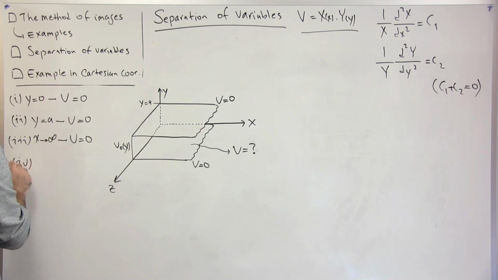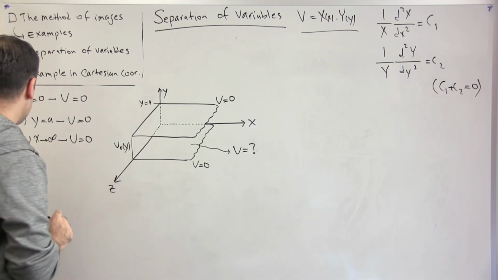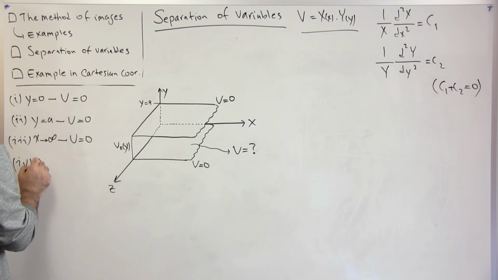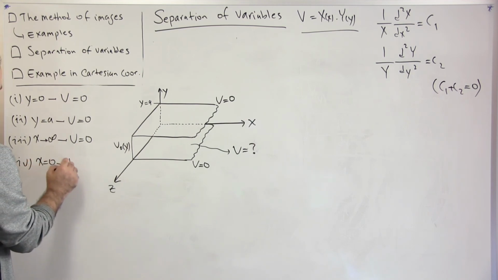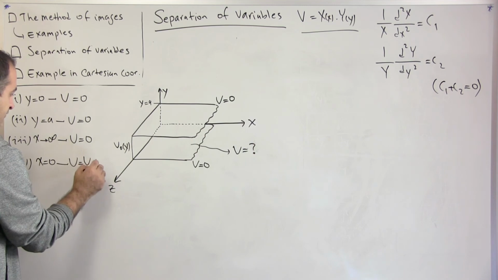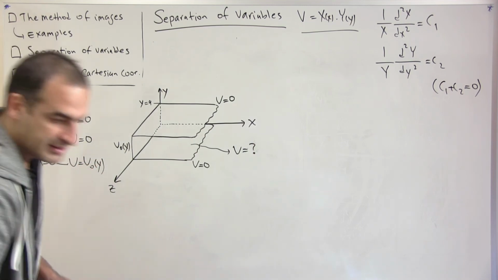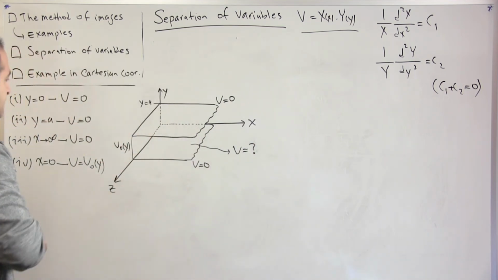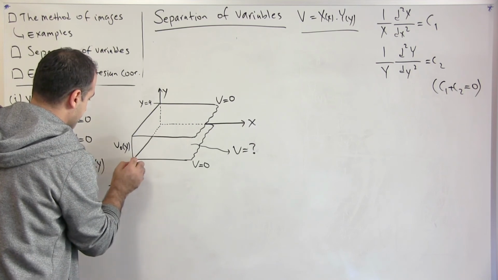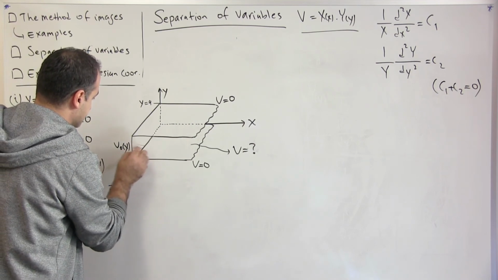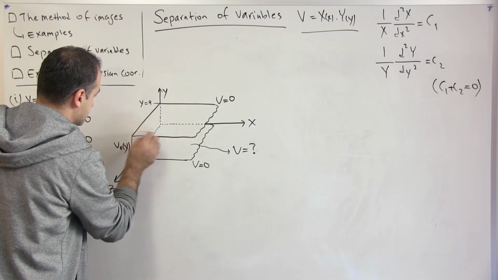And the last one is on the surface here. At x equals 0, the potential should be V0(y). This is the only surface where the potential is specified as not equal to 0.